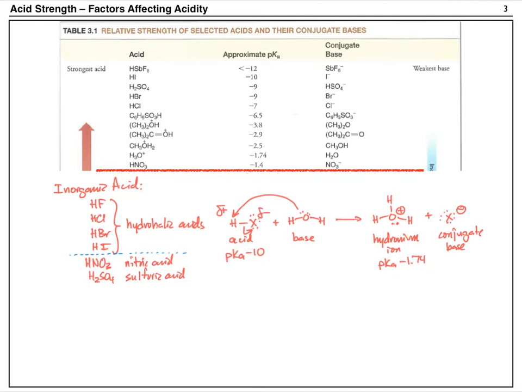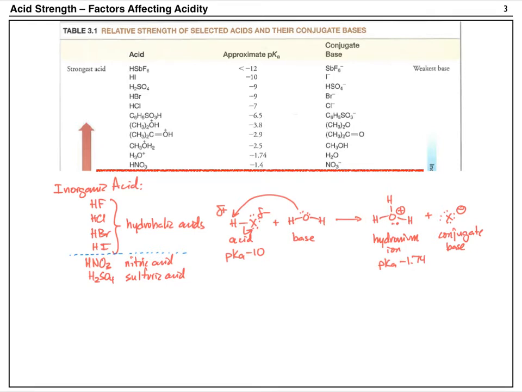This is strong, this is weaker relative to that. So when we're dealing with acidity, we're always dealing with relative to something else. We know that the more negative the pKa, the stronger the acid. So the equilibrium always lies to the weaker acid-base pair. That's why we draw the arrow completely this way towards the products.